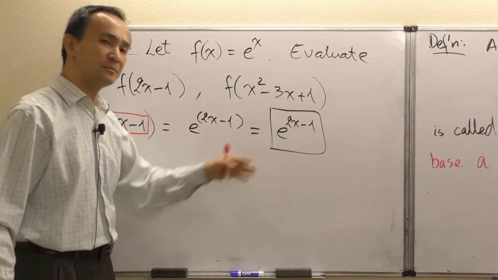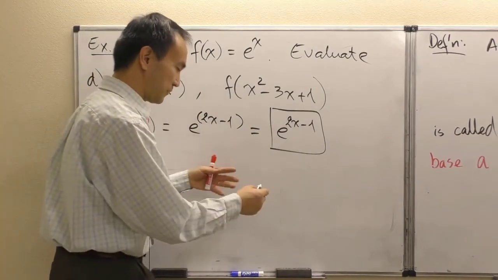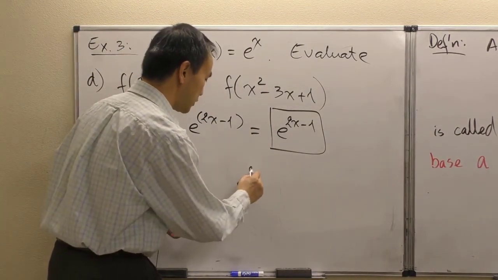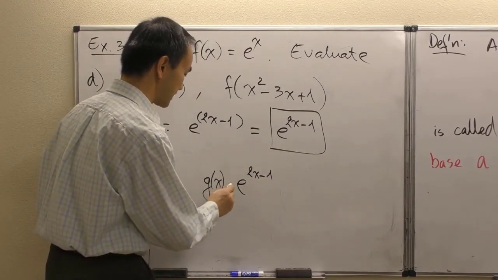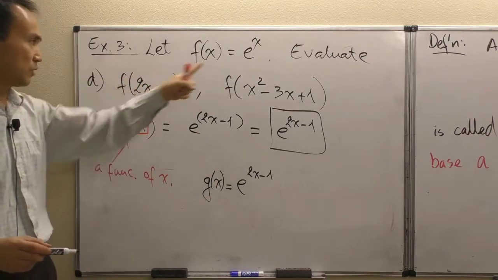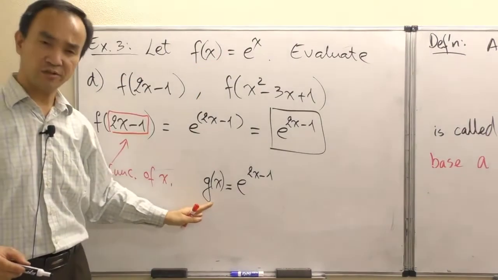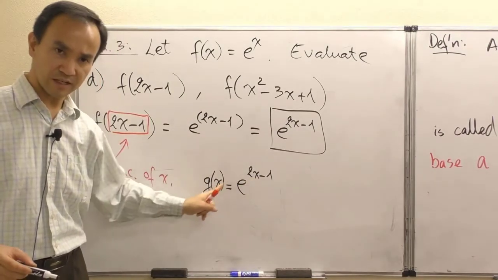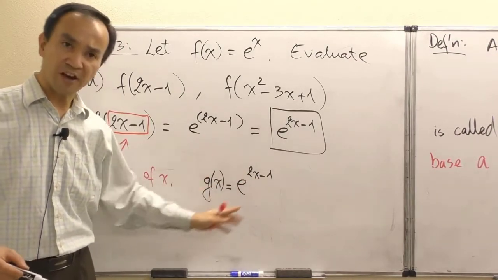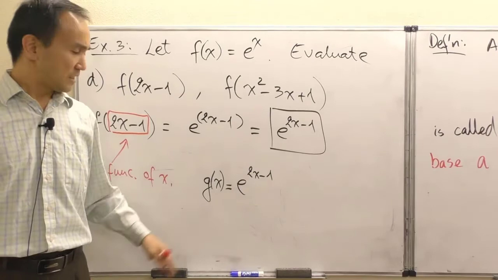But furthermore, I would like to emphasize that e to the 2x minus 1 can be regarded as another function of x. And it's not the same as f anymore. That's why I call it g of x. The x here is the input of another function.